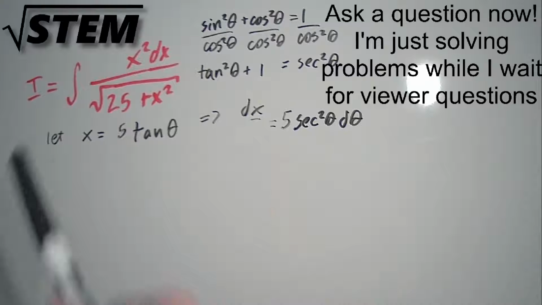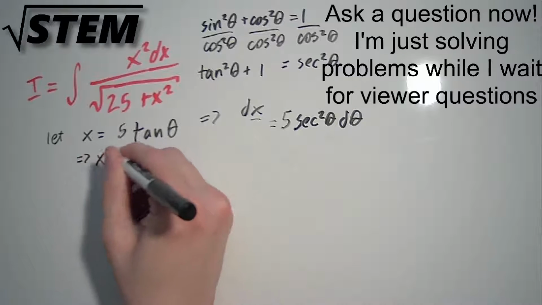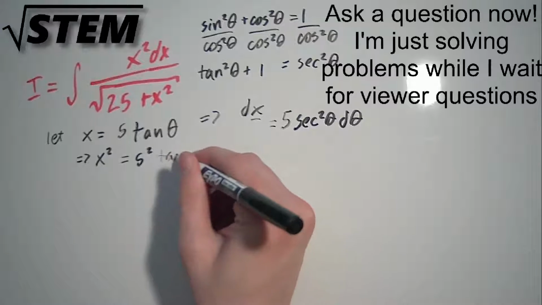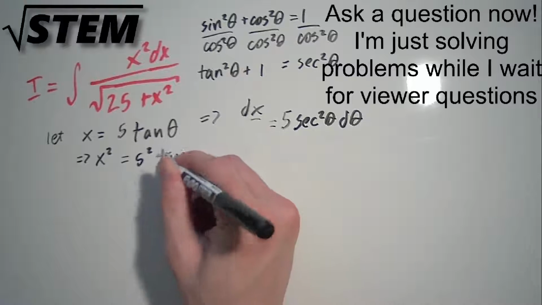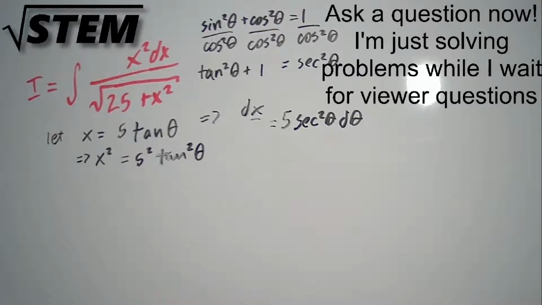What happens with our x squared, though? This also means that x squared equals 5 squared times tangent squared of theta. Yeah, that should be fine.